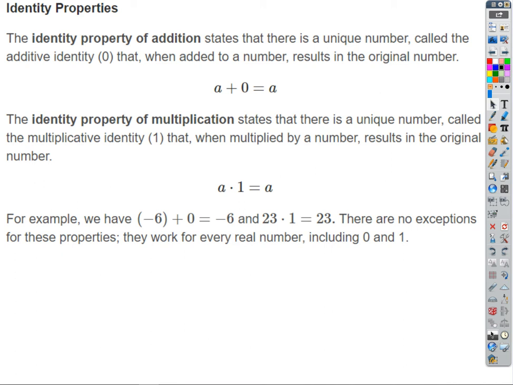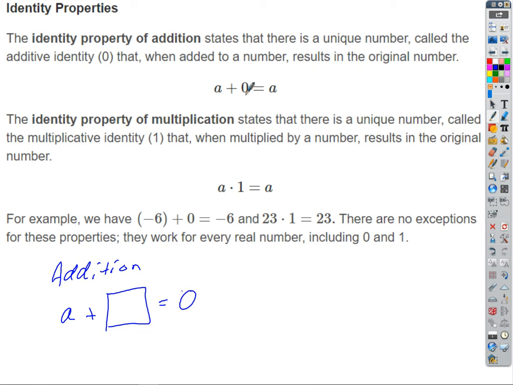Same thing here. The identity properties, identity is pretty easy, right? We want to keep the identity the same. But the properties that go with this are the inverse properties, and if you just remember them, you'll forget them. For addition, you're going to fill in the blank. Here's what the inverse property does.